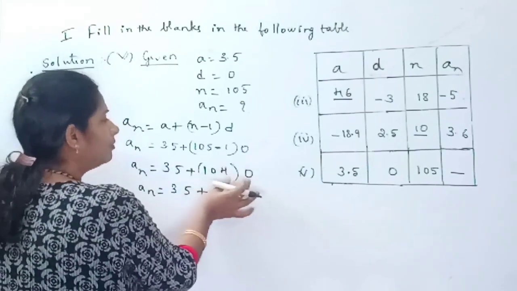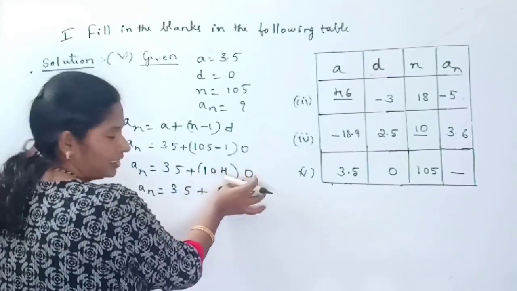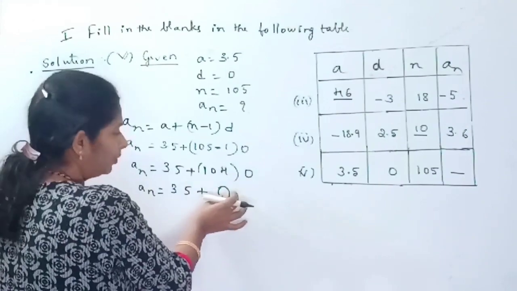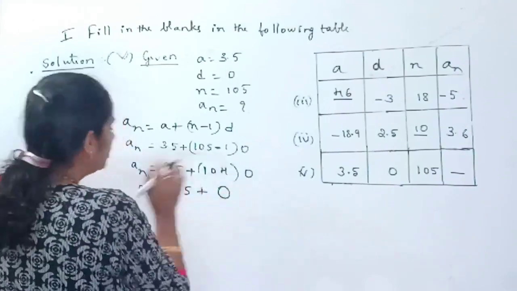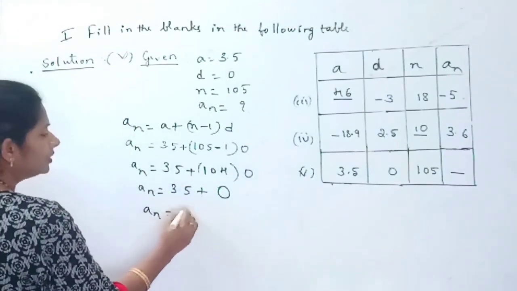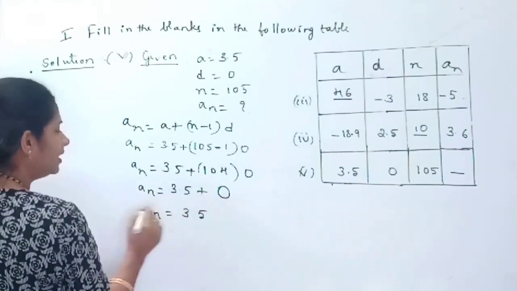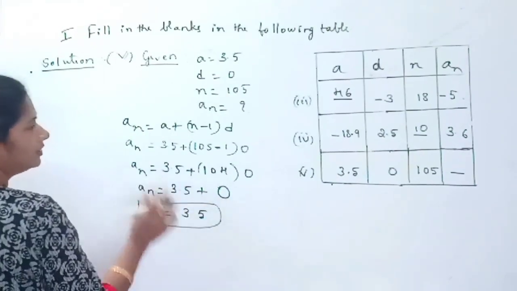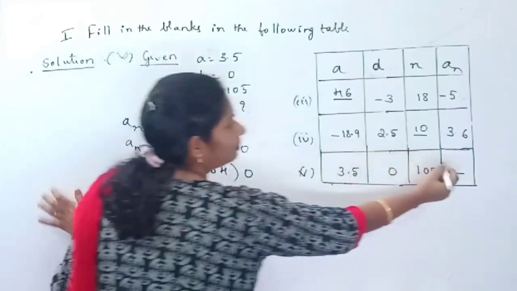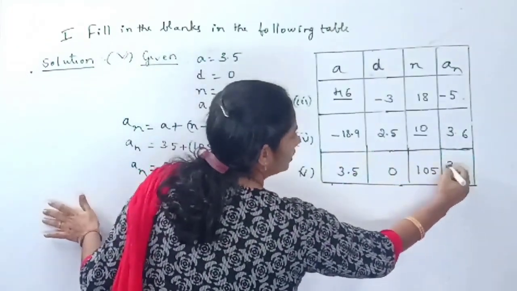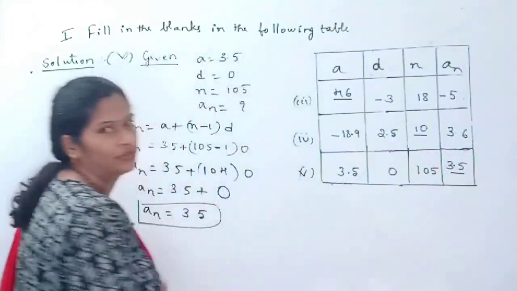Isn't it? If you multiply any number with 0, the product is 0 itself. So AN equals 3.5 plus 0, it is 3.5 itself. And this 3.5 value, you please fill in the blanks. So it is right here, 3.5.